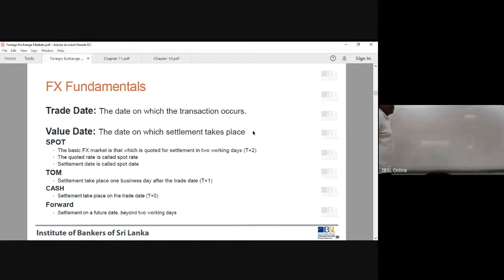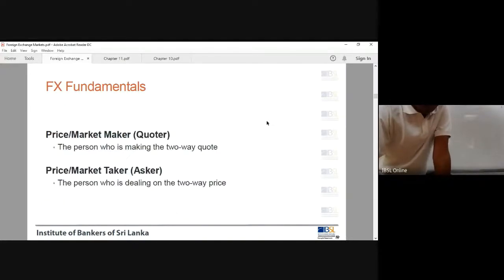The spot date is 2 days after the trade date. Tom is tomorrow, 1 working day after the trade date. Cash is the trade date itself. If the settlement happens on the trade date itself, it's called cash settlement. Anything beyond the spot date is called a forward. So that's how things work.